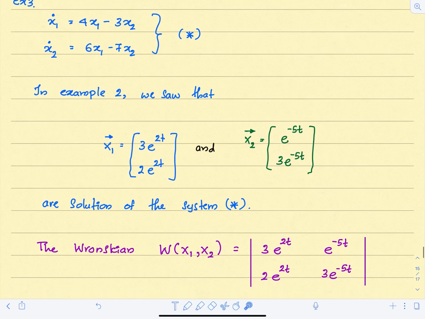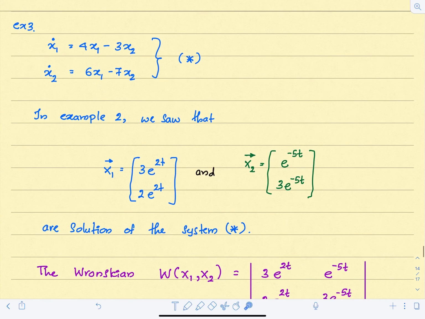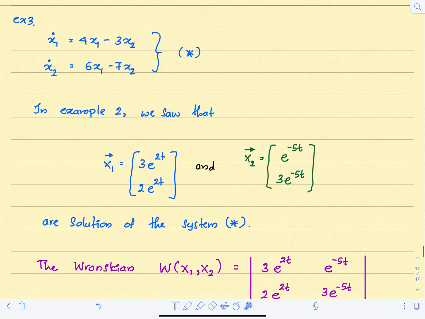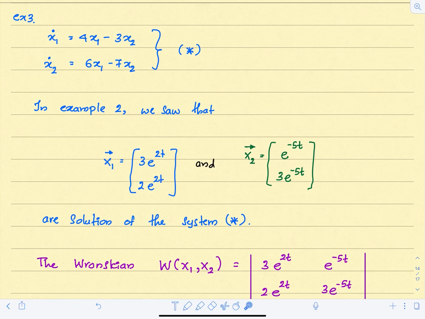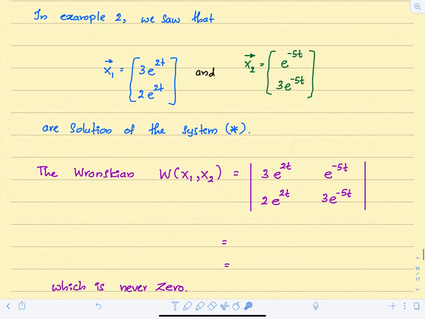Now here is an example that we discussed earlier. In this particular problem I gave you the two solutions x1 and x2. If you want to check whether these two solution vectors are linearly independent or not, what you need to do is consider the Wronskian.